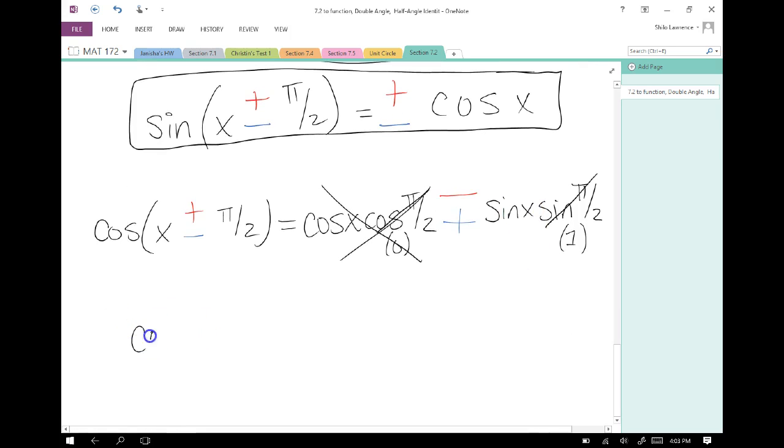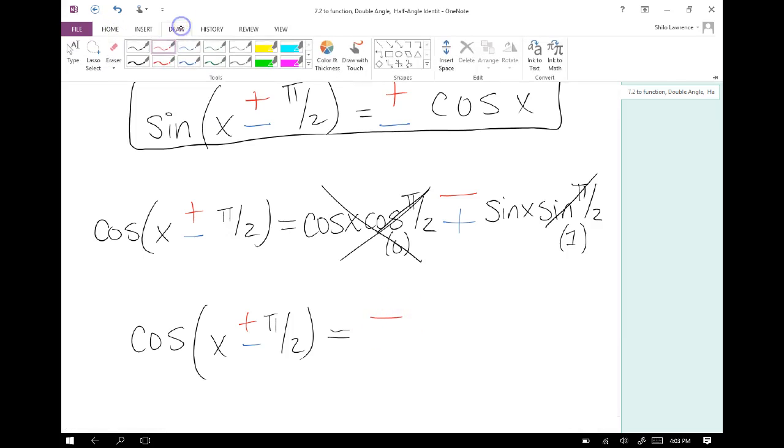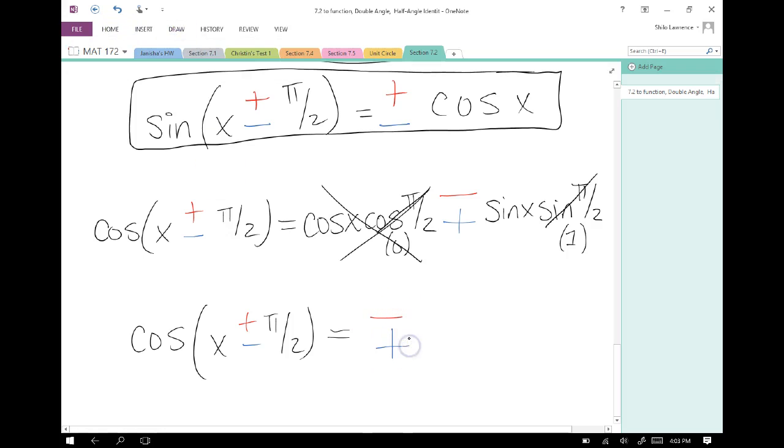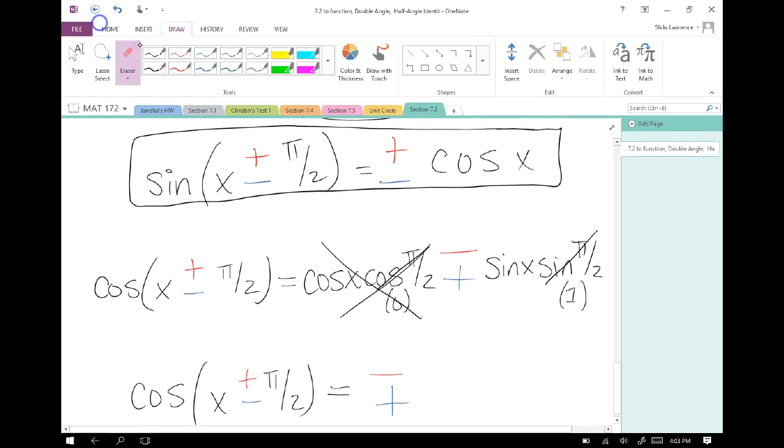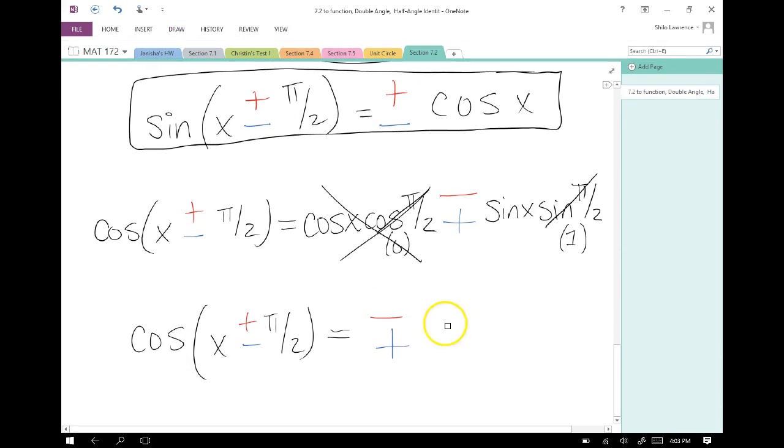So we end up with cosine of x plus or minus pi over 2 is equal to either negative or positive sine x.